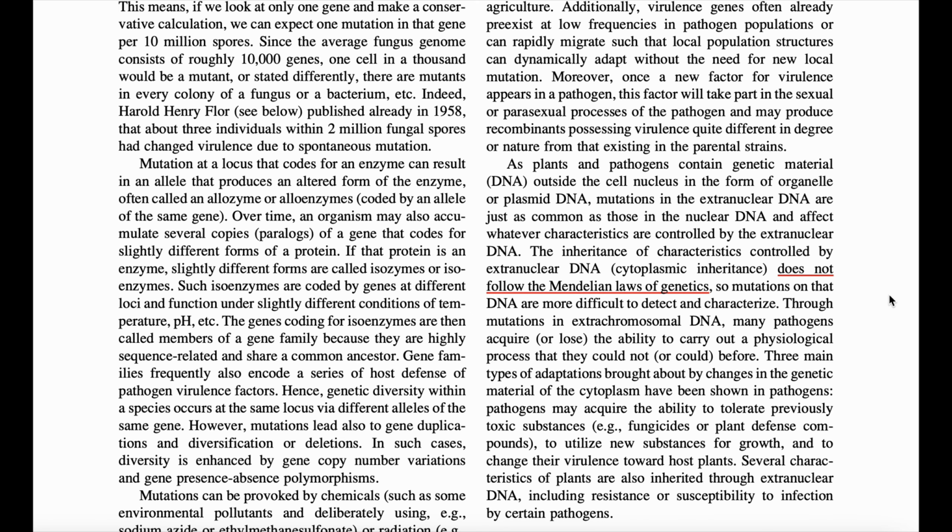Now what happens after a point of time, after a few years, this pathogen breaks that resistance in that wheat and gains the ability to attack that variety. So we have to work on it and again develop one more resistant variety.